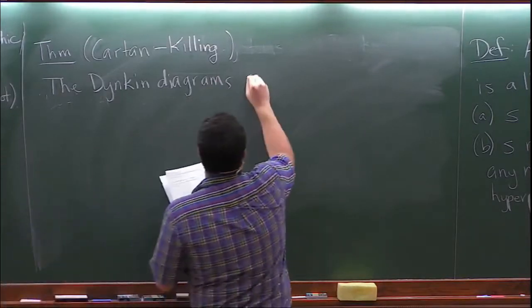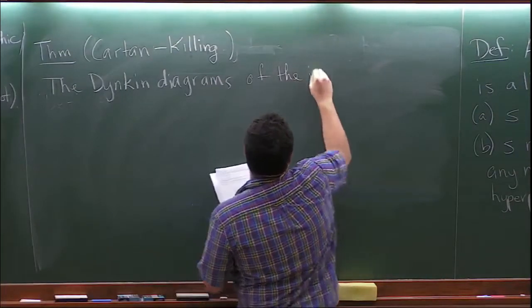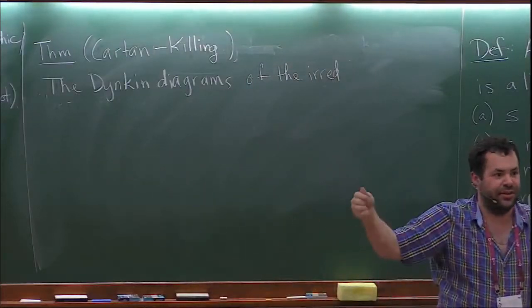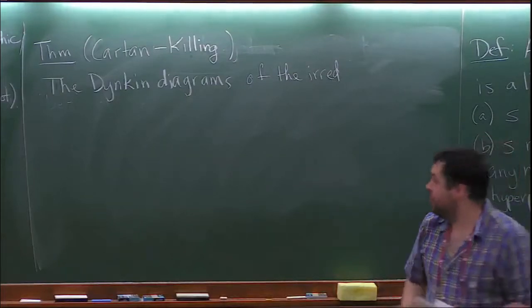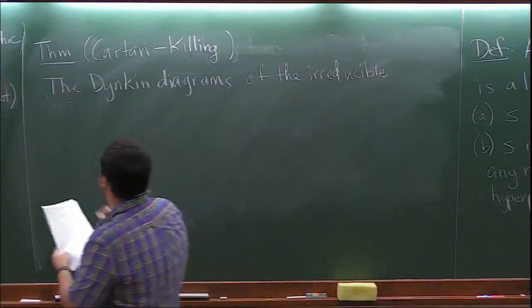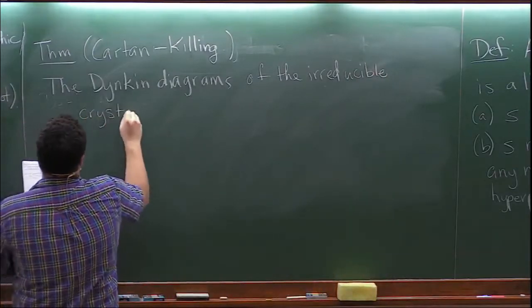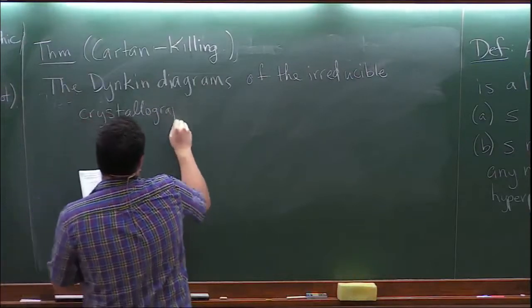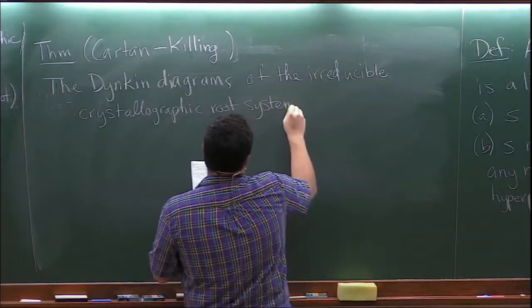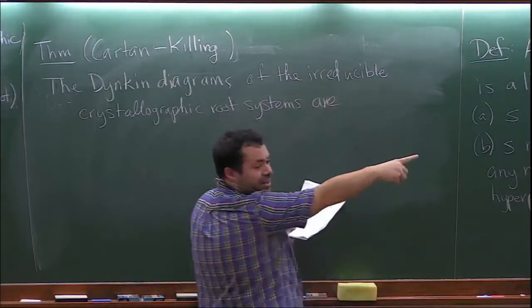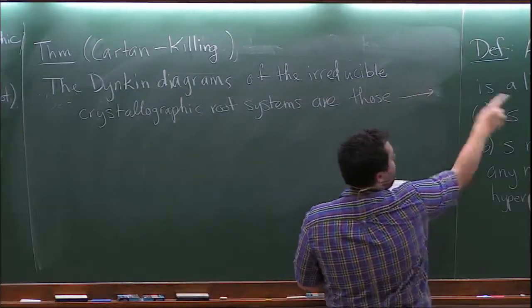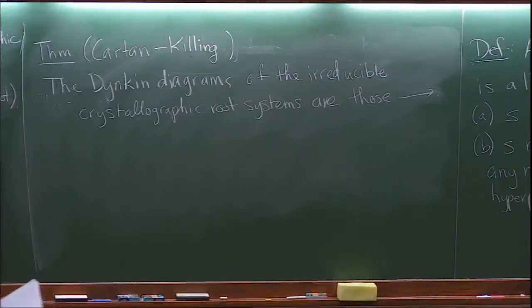The Dynkin diagrams that I get of the irreducible crystallographic root systems, where irreducible just means the graph is a single piece, not in two pieces, are the things that I actually call Dynkin diagrams. Those are on this board.